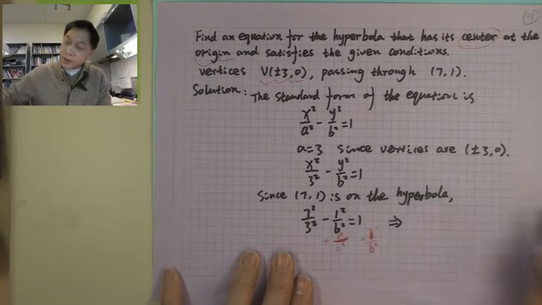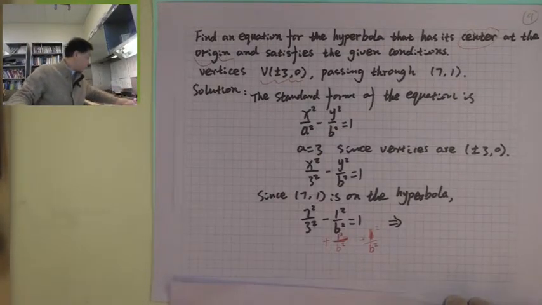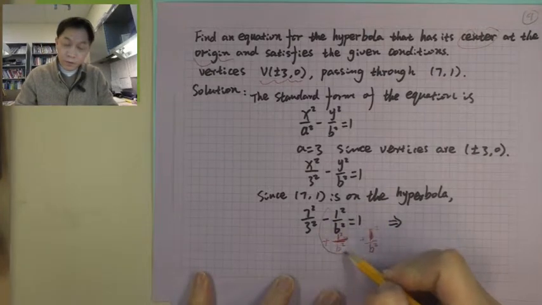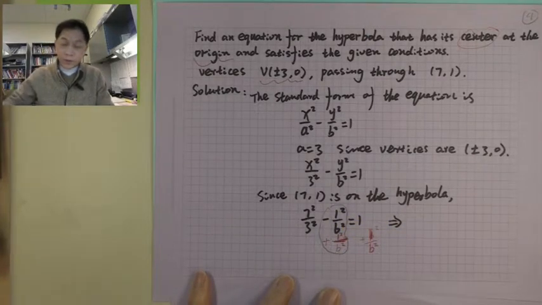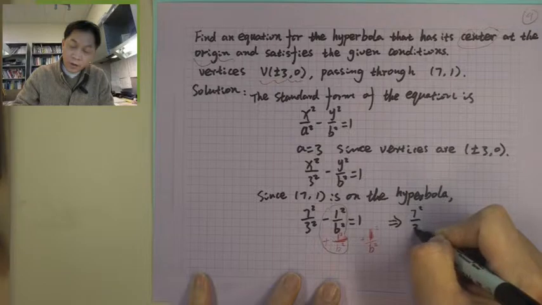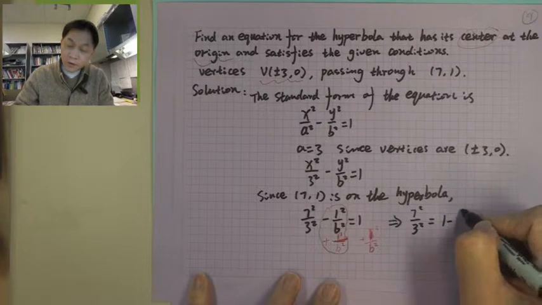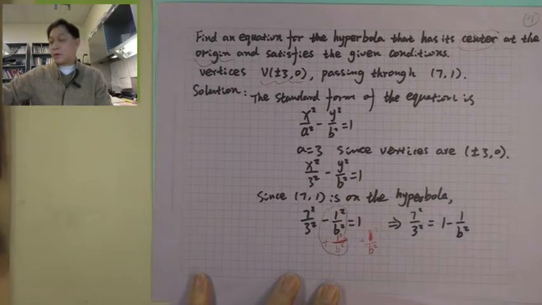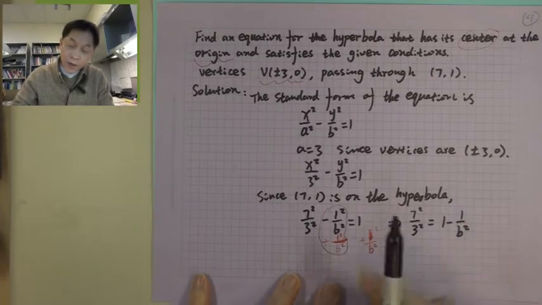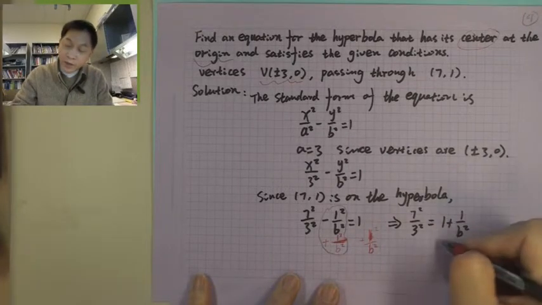You cancel this term. Then we have 7 squared over 3 squared equals 1 minus... no, we have 1 plus 1 over b squared. Then subtract 1 on both sides.